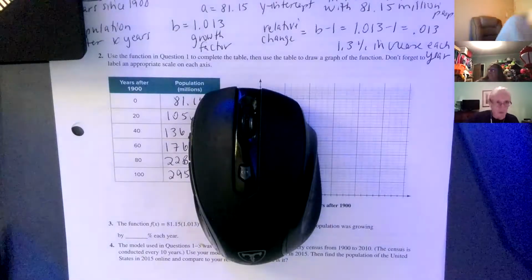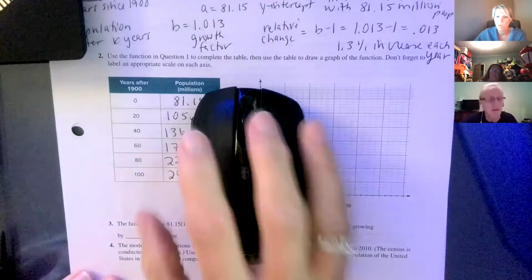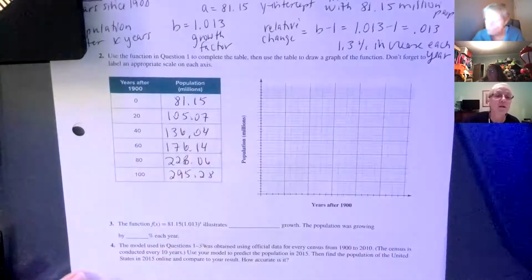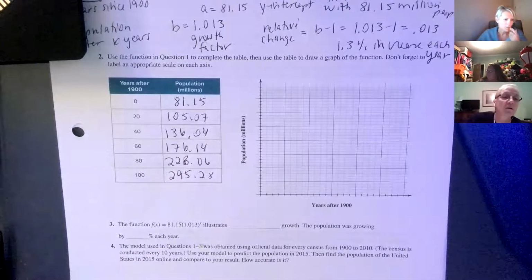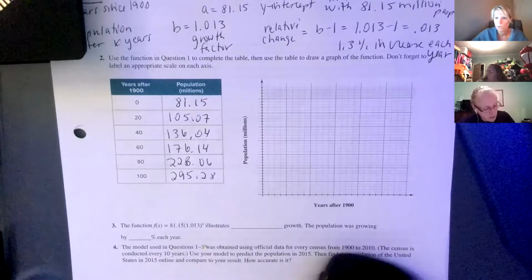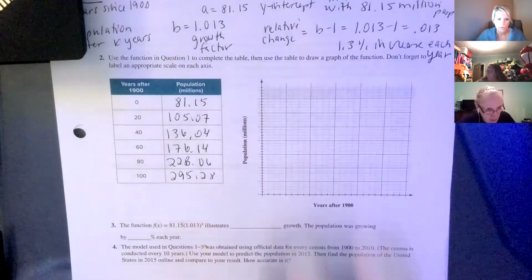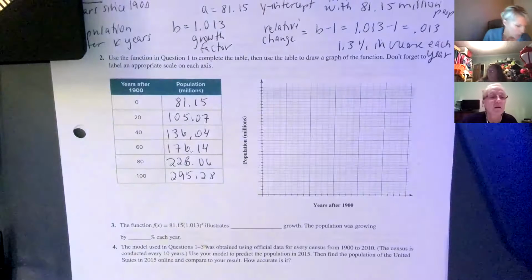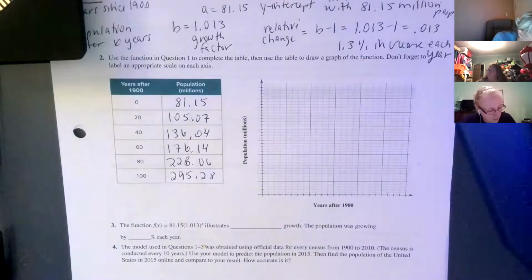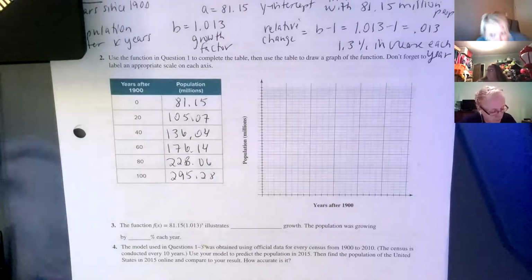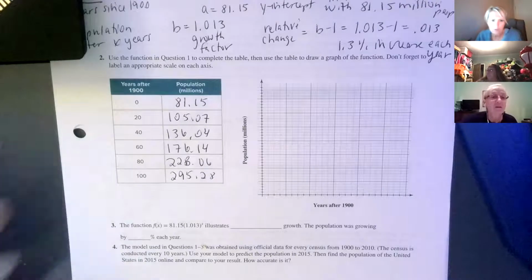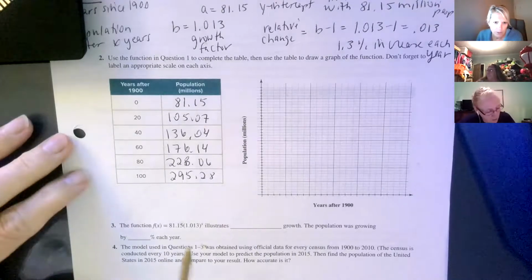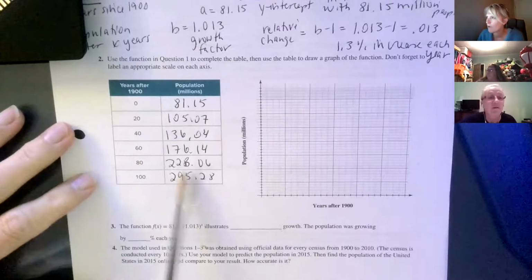I'm writing these numbers down off my graph in the book. So you got your numbers from the table?